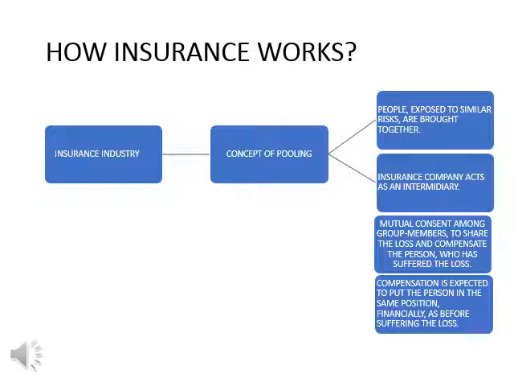The history of insurance in India: in 1818, the first life assurance company, Oriental Life Insurance Company, was established in Kolkata. In 1829, Madras Equitable was established in Madras. Now it is Chennai; it was then the Madras Presidency.